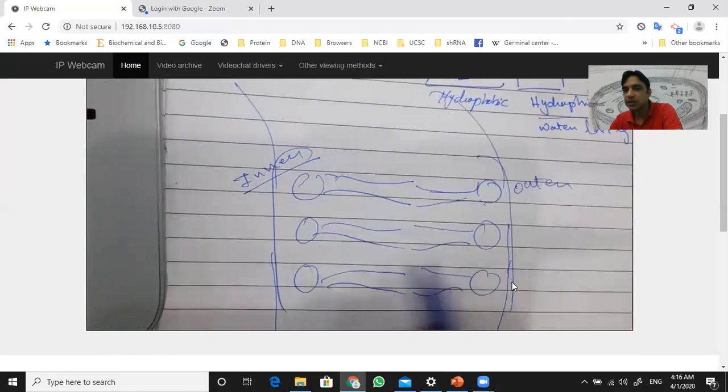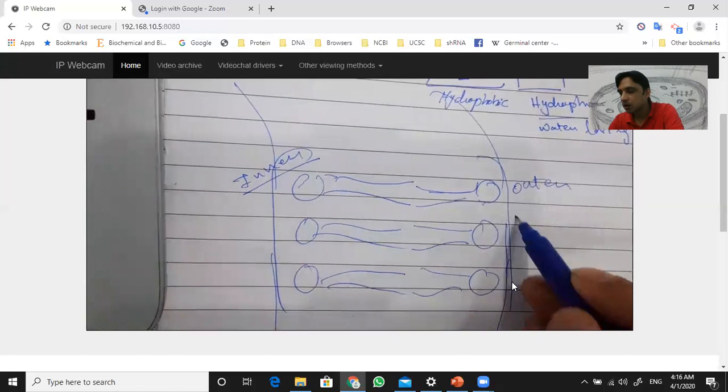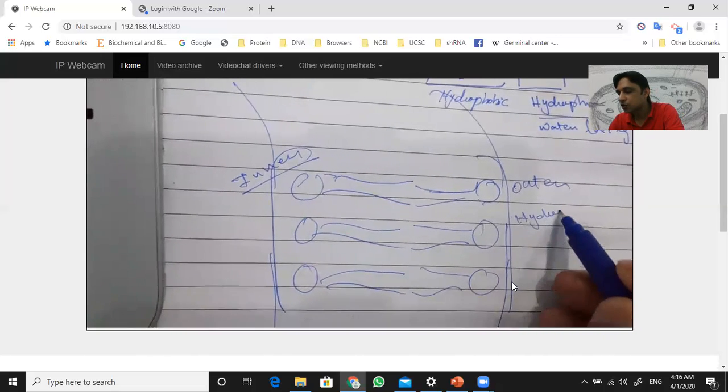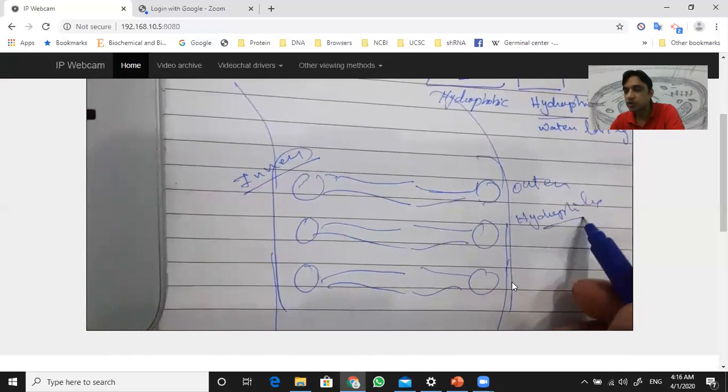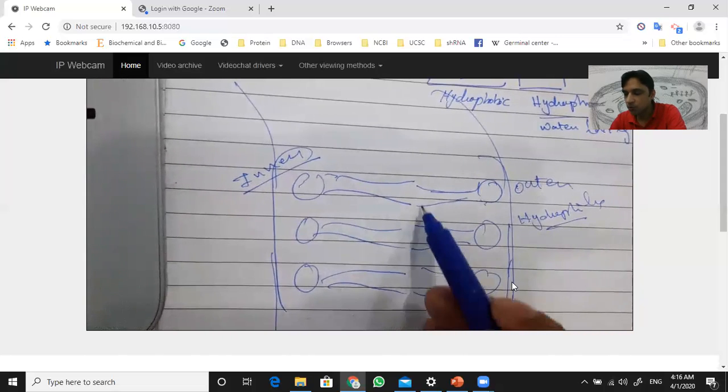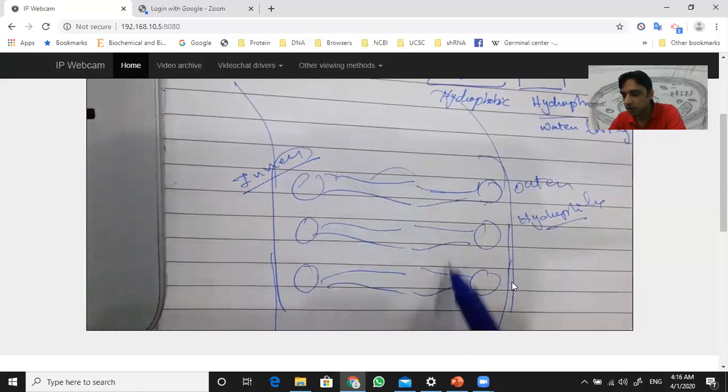The outer and inner sides of the cell are hydrophilic in nature. They can attract water, they are water soluble. While the hydrophobic part lives right inside of the lipid bilayer. That makes this thing very unique.